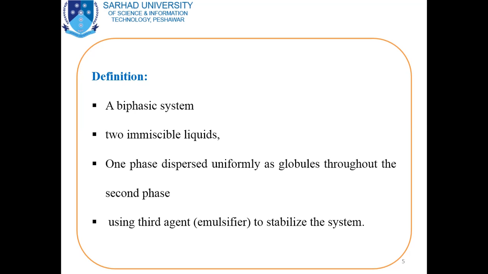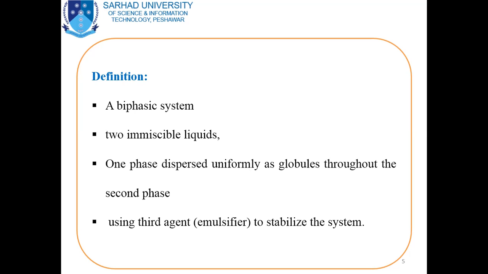In pharmaceutical emulsion, there are two phases, or immiscible liquids. One is water and the second one is oil. Either oil or water is dispersed in the form of small droplets in the second phase, that is termed as dispersion medium.